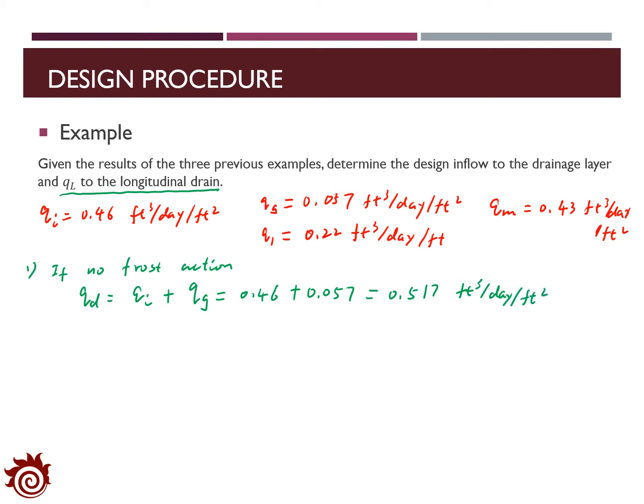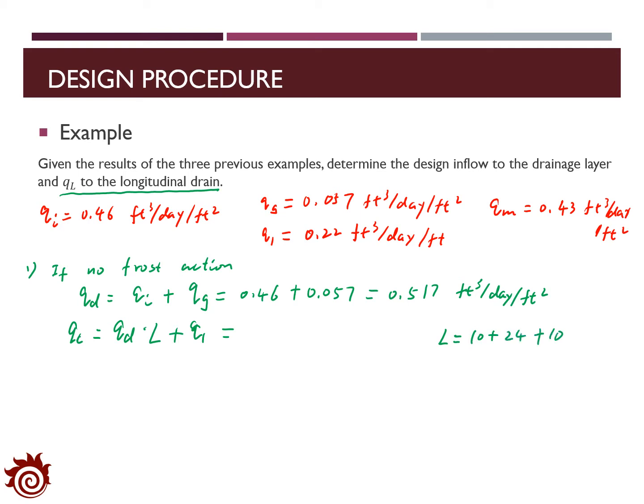And then we can find out the longitudinal drain. QL actually equals Qd times L plus Q1. Here, L is the total width of the pavement including the shoulder. So we have 10 plus 24 plus 10.